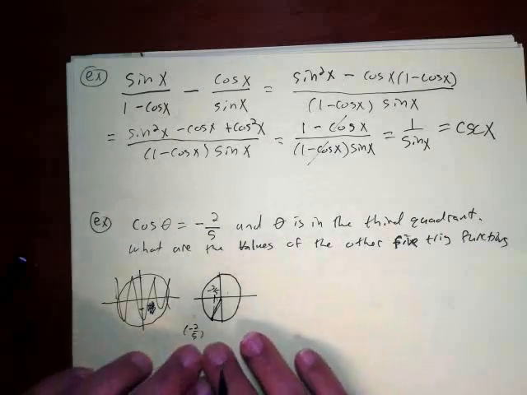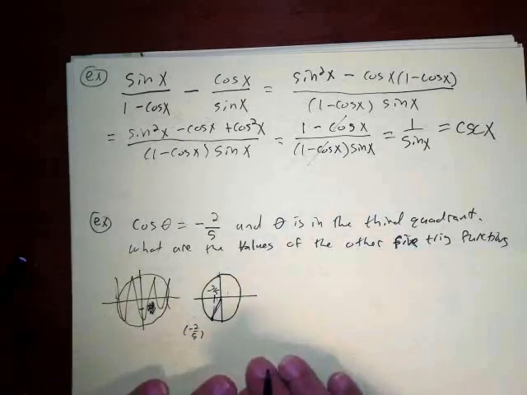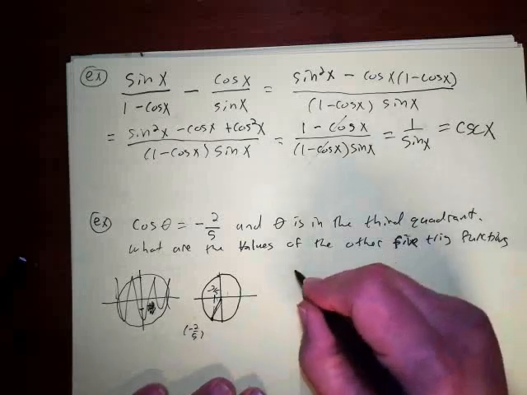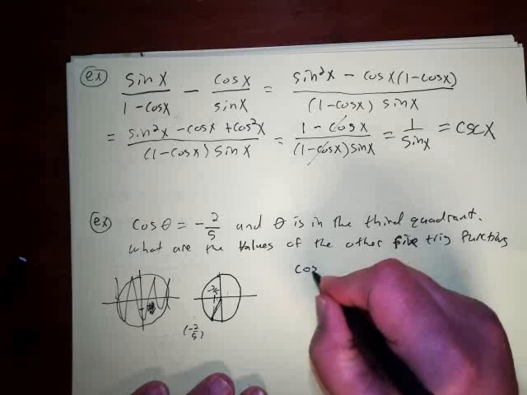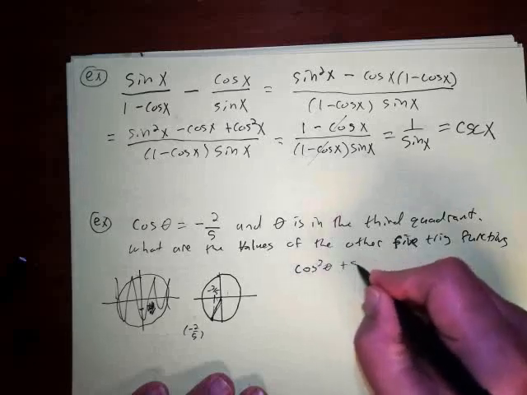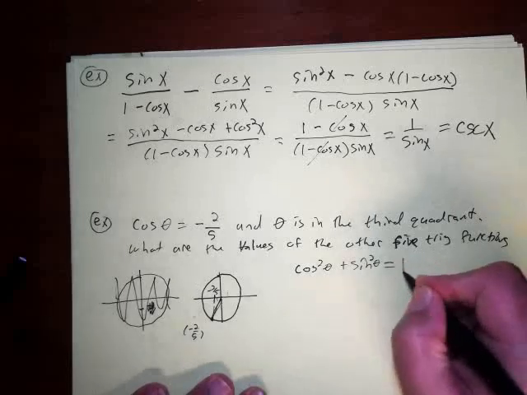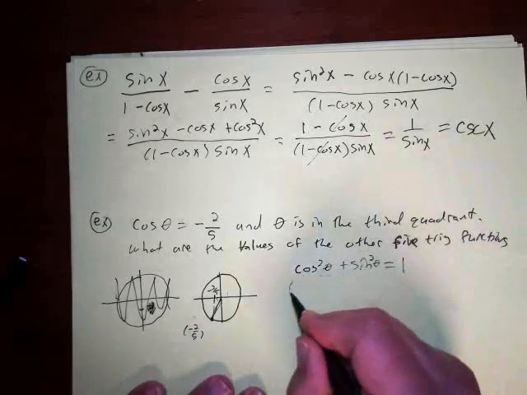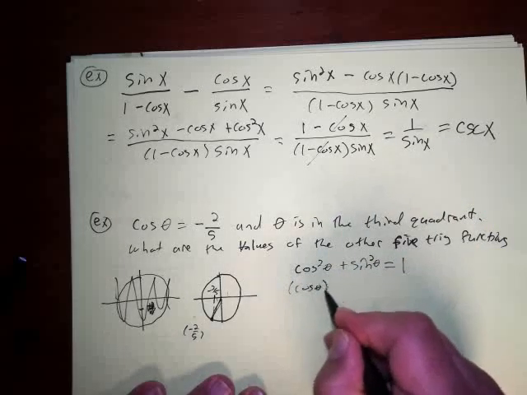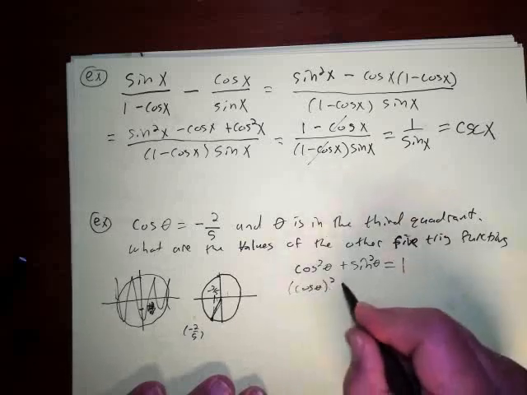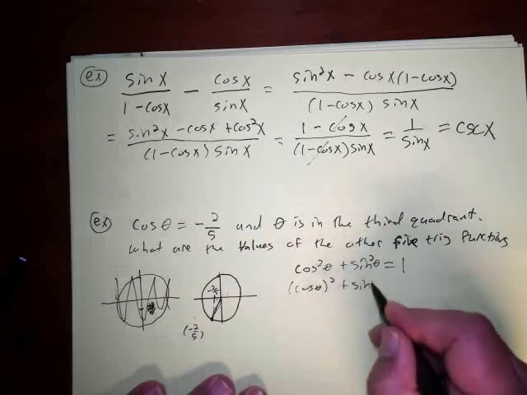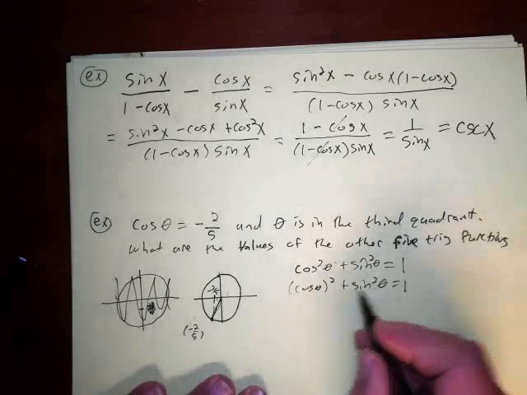Here, the Pythagorean identity can be helpful, because I know that cosine squared theta plus sine squared theta is equal to 1. And cosine squared theta is just the cosine, that quantity squared, plus sine squared theta is equal to 1.